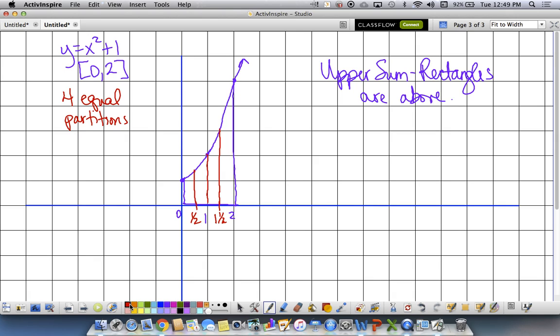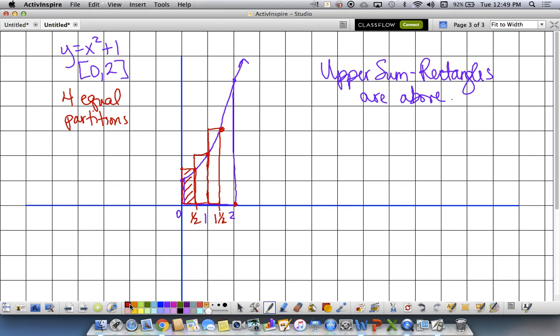When we are drawing the upper sums, we're going to take the rectangles on the outside. So we're starting from the left and going outside. We're going to start here, go out, and then this will be our second rectangle. Our third rectangle will be here.